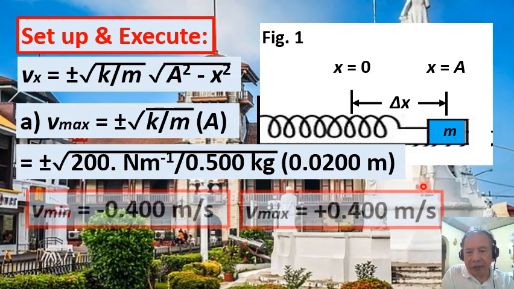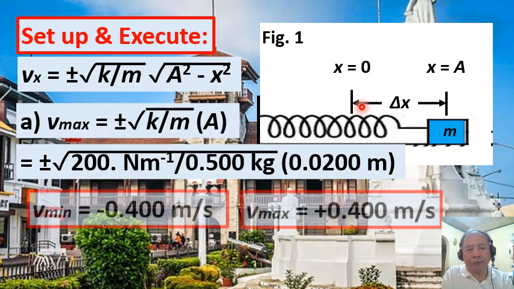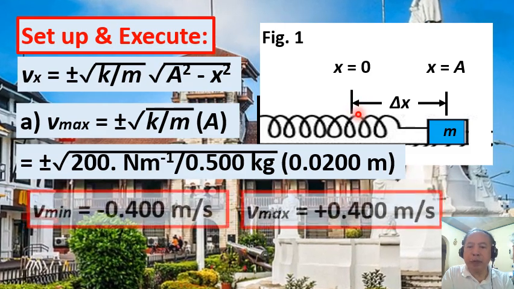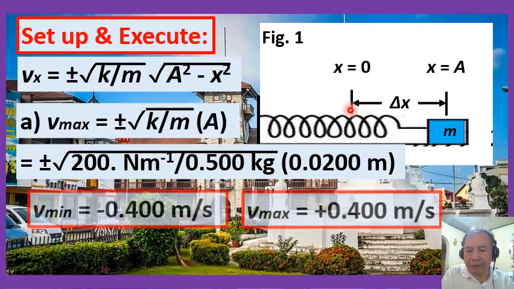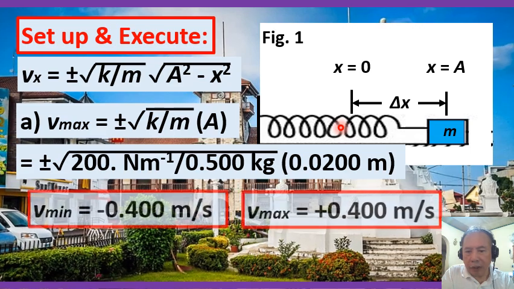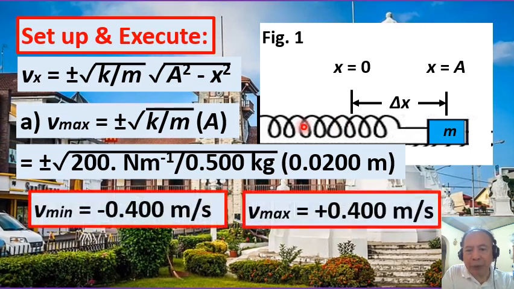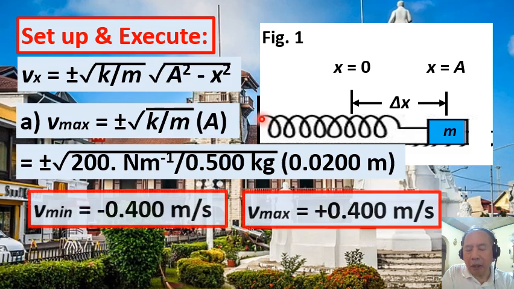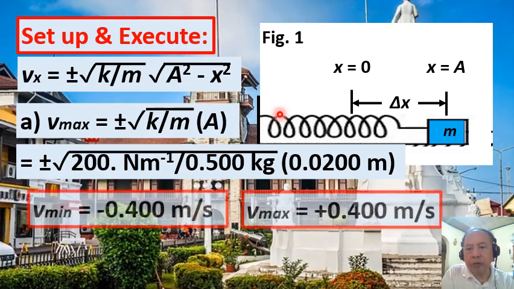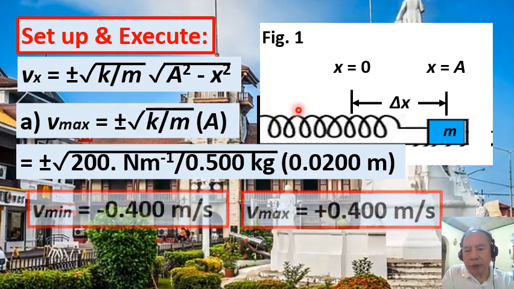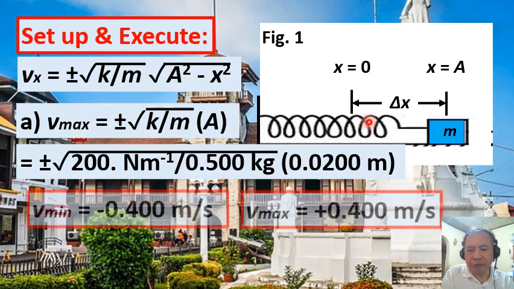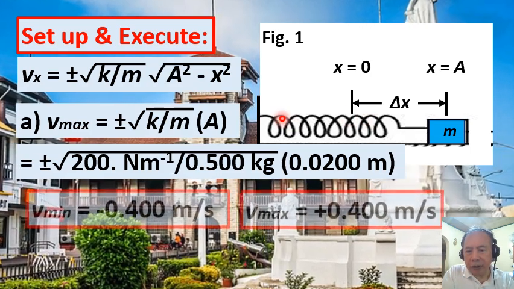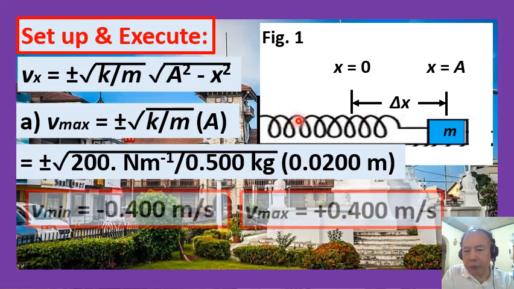This is when the block continues to move to the left, and when the spring is compressed and then rebounds back to the equilibrium position, that means the block is now moving to the right.